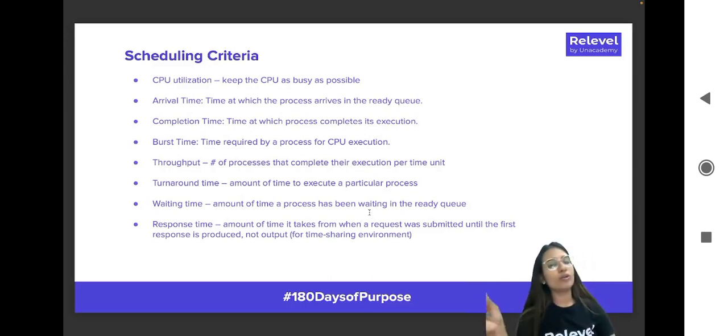So it is the entire amount of time it takes to execute a process, and the waiting time is when you are waiting in the ready queue. And the response time is the amount of time it takes to give you the first response from the first time you gave a request.